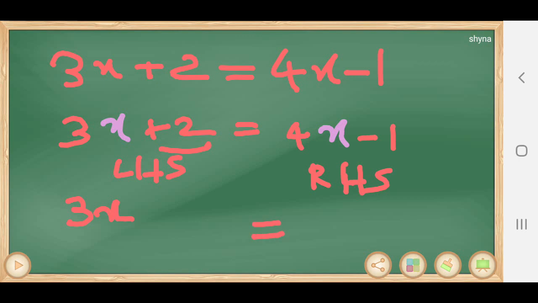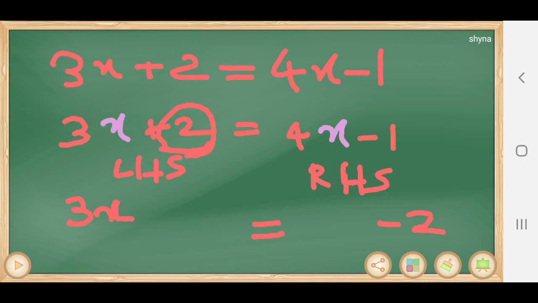So we have to transpose this 2 to RHS. While transposing, as we've already studied, its sign will change. Now it is plus 2, so while transposing it will be minus 2. Plus will change to minus. From LHS we transposed 2 to RHS, so it became minus 2.